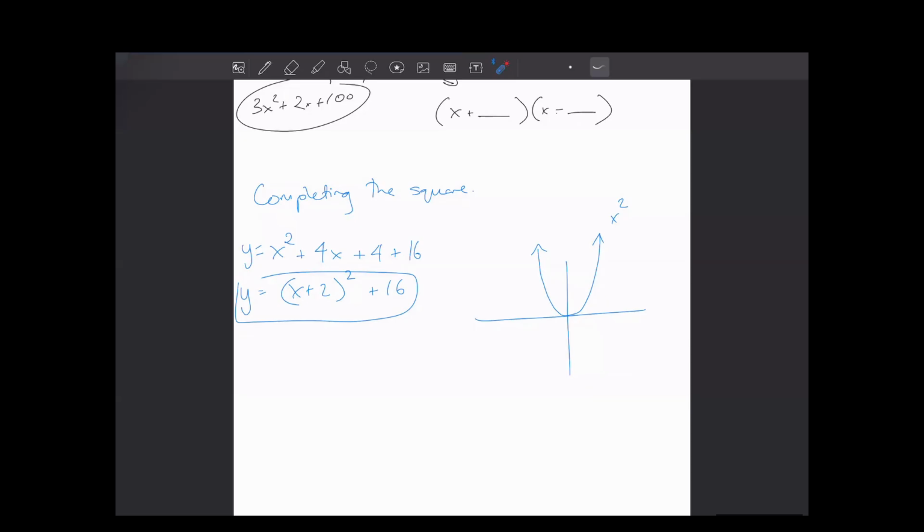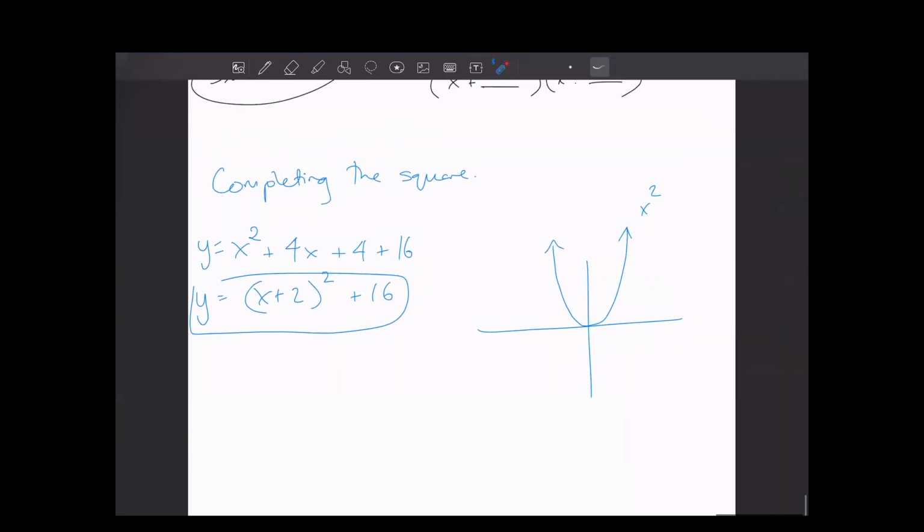How might you graph this equation? Are you able to know what this parabola would look like on the graph based on this form? I'm not sure. That's okay.